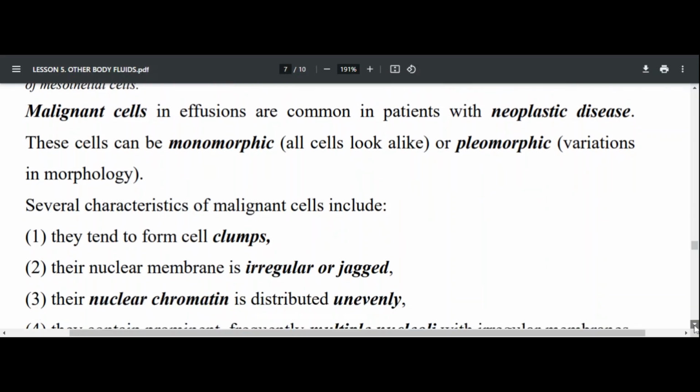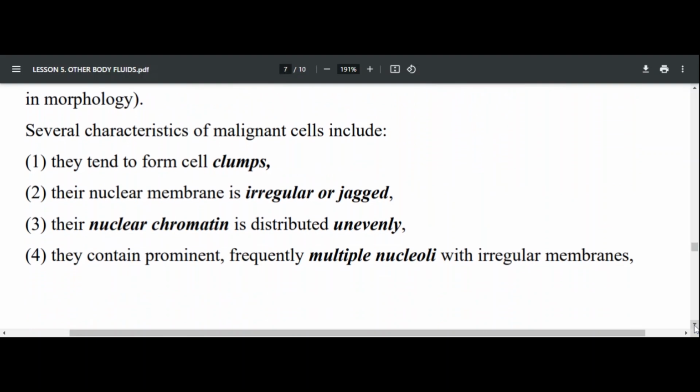Some of the characteristics of malignant cells: they tend to clump together, sometimes with irregular cell membranes or nuclear membranes, or sometimes jagged nuclear membranes. The nuclear chromatin is unevenly distributed. You find some openness, and sometimes clumping in the nuclear chromatin, and they contain prominent and multiple nuclei with irregular membranes.